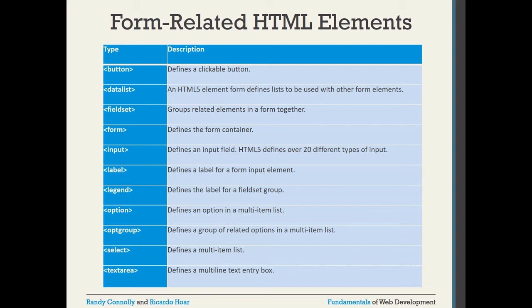Then label you can use to display for what purpose that input box is there. Another is the legend, which is the label of the fieldset you can group together. Option is an item in a multi-item list, and optgroup is a group of related options in a multi-item list.